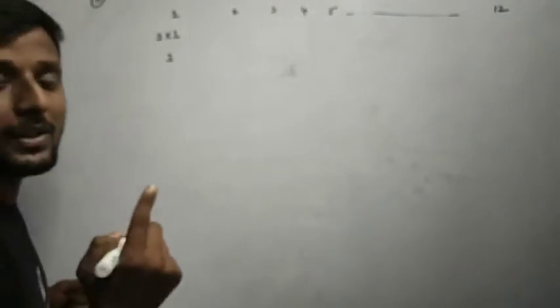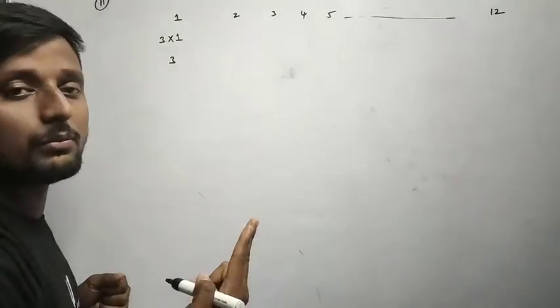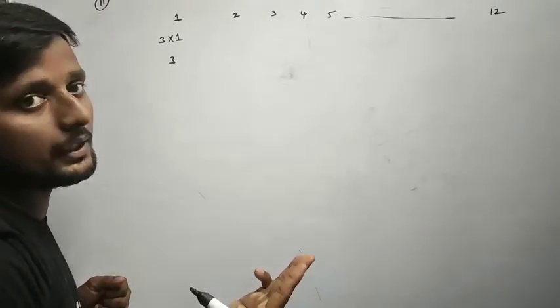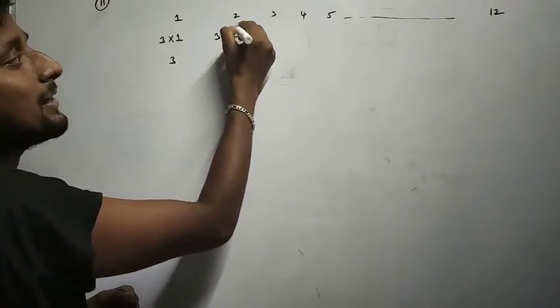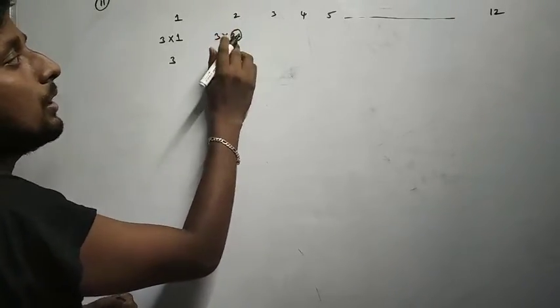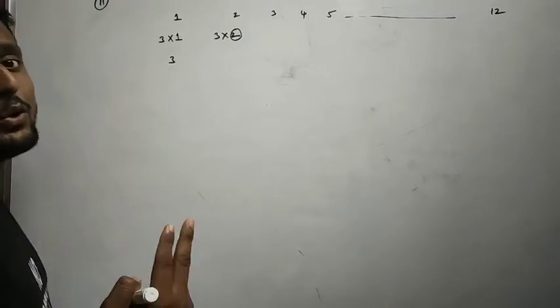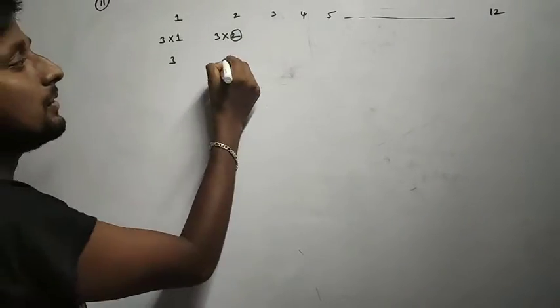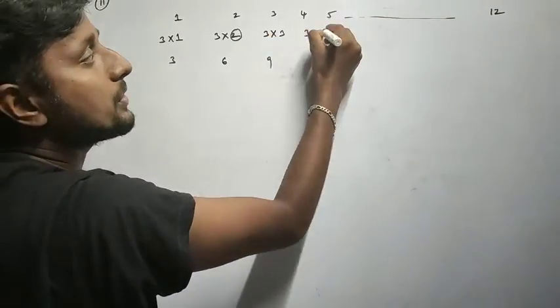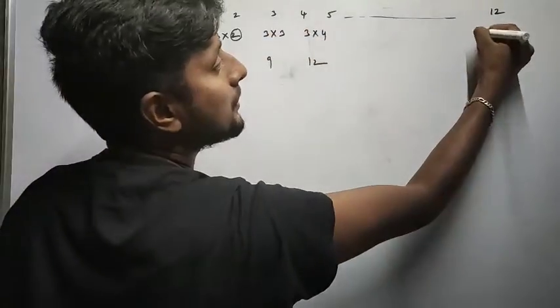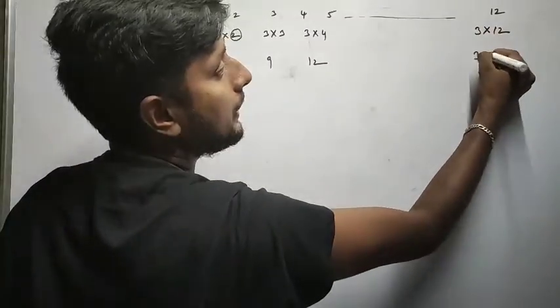First section student 1, second student 2, and third student 3. And here also, 3 twos, because they are second class children, will plant 2, but each section's children plant 2: 2, 2, 2. So the answer is 6. Same, 3 threes are 9, 3 fours are 12. Same, last 3 into 12 is 36.